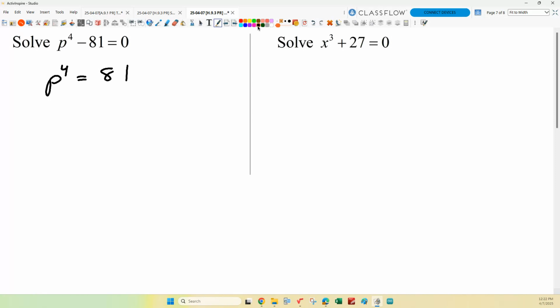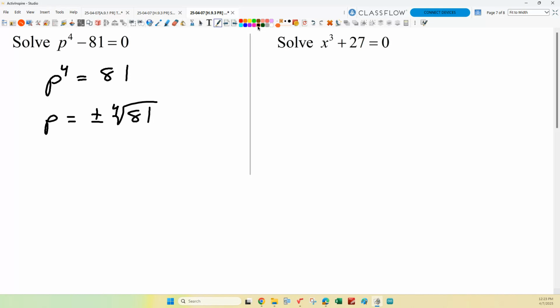Could I just isolate p by using inverse operations? So first we added 81 to the other side. How would I undo a fourth power? It'd be a fourth root, and that's even, so I would maybe need a plus or minus. Okay, so then I would get p equals plus or minus the fourth root of 81.